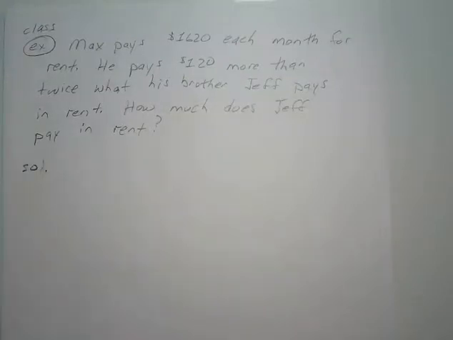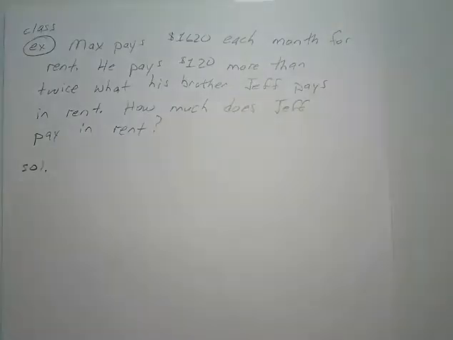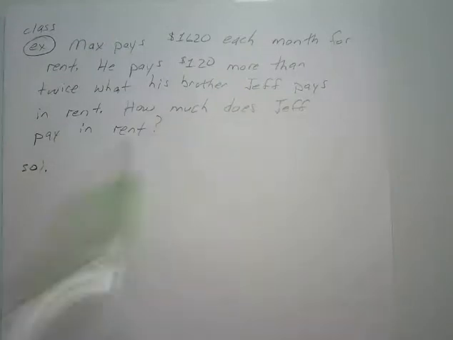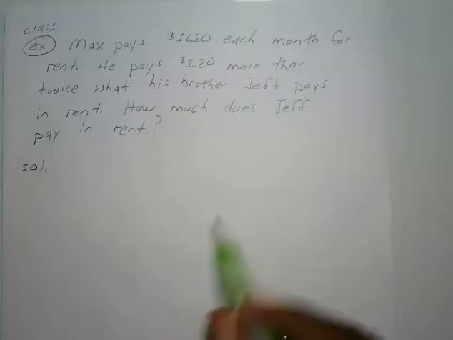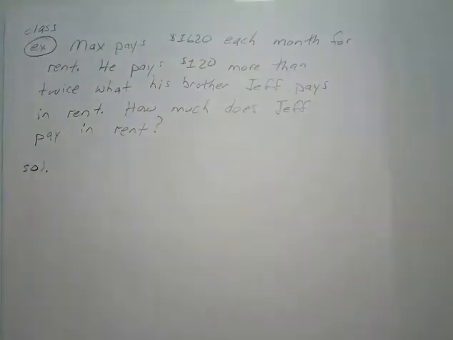Okay, so just like we did on the previous example, we're going to rewrite that problem. If you look at the very last sentence, how much does Jeff pay in rent? That's what we're looking for. How much Jeff pays in rent. But the first thing we're going to do, we're going to rewrite this in a little diagram form.